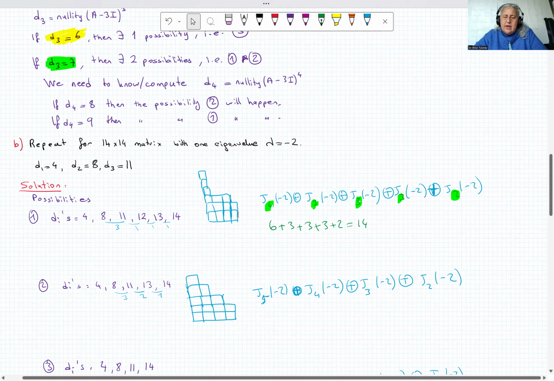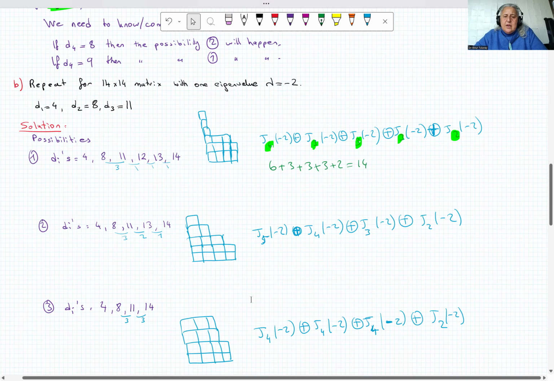What is left, 14 minus 11, is 3 blocks. So we have 3 blocks to put on top of this structure. We can put 1 block each up. We can put 2 blocks and 1 block up, or we can put 3 blocks as it is, because that's the maximum that we can have.